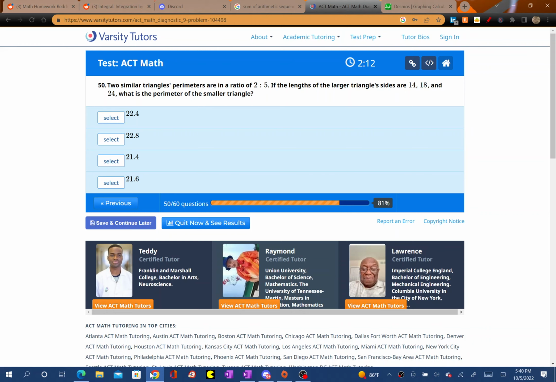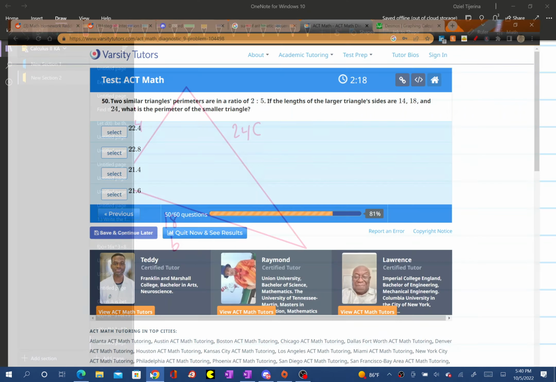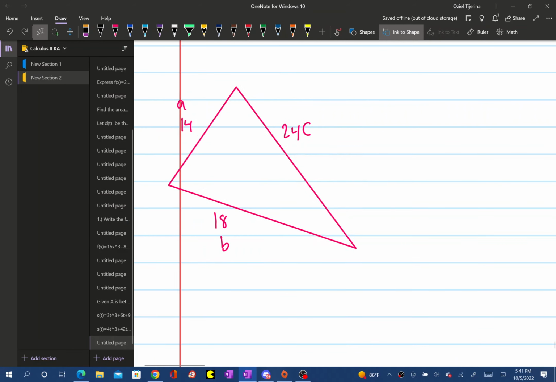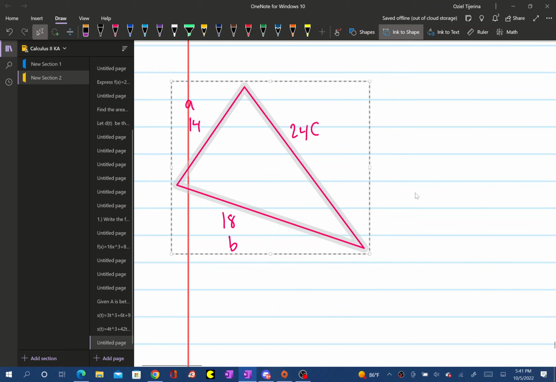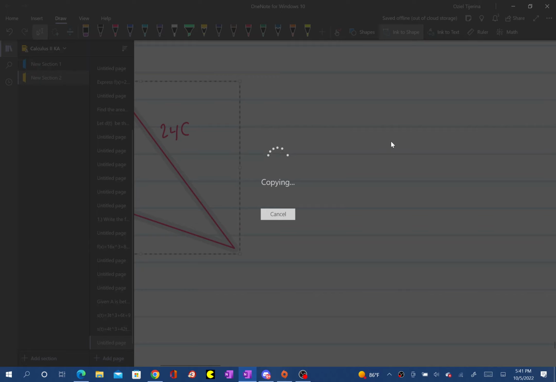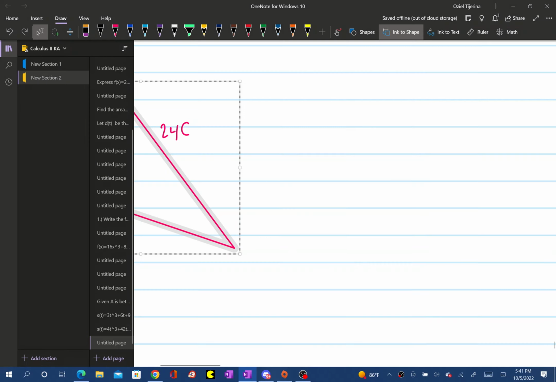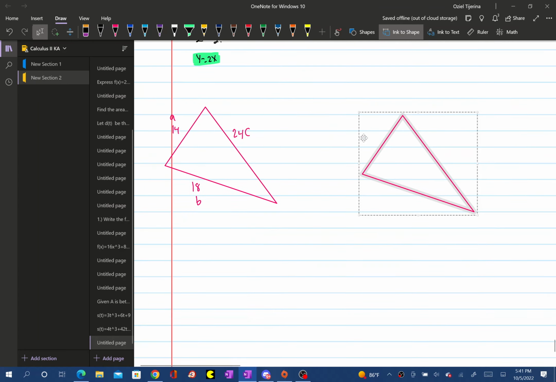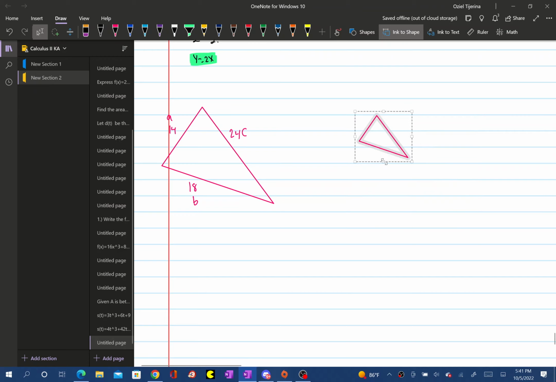So the ratio is 2/5, meaning that if I do a smaller version of this, I'm just gonna copy it and paste it, but I'm gonna make sure that it's way smaller, so I'm just gonna kind of dilate it.